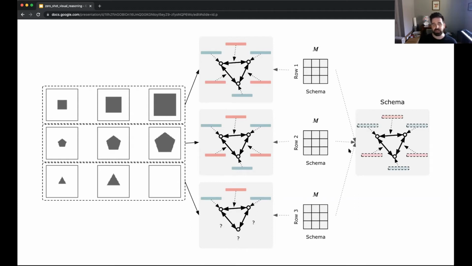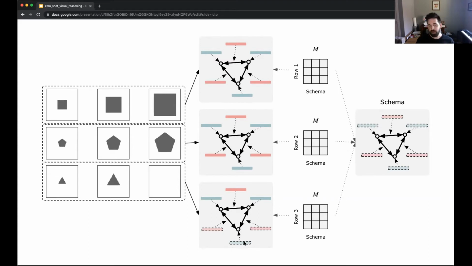The way we've done this is actually to define the nodes and edges of this schema as just another set of parameters to be optimized in the service of the graph matching objective. And then taking this a step further, we also actually treat the missing node that needs to be inferred as yet another parameter to be optimized.